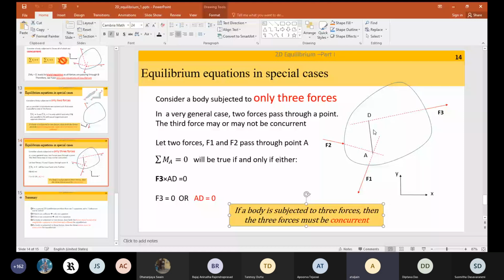Now AD cross F3 is equal to Ma is equal to 0 for equilibrium. If AD cross F3 is 0, that can only happen either if F3 is 0 or AD is 0. F3 cannot be 0 because we have said that our body is subjected to three forces. The only condition is AD is 0. So F3 also has to pass through point A for equilibrium. Okay, sir, got it. Thank you.